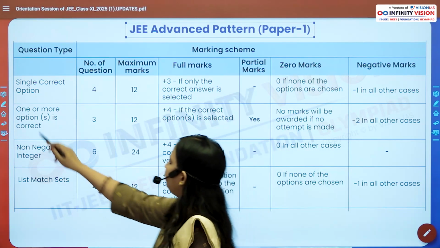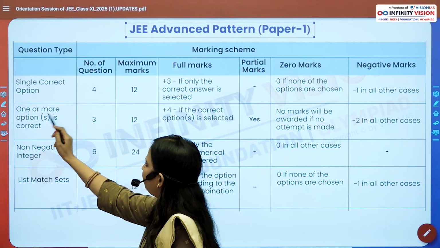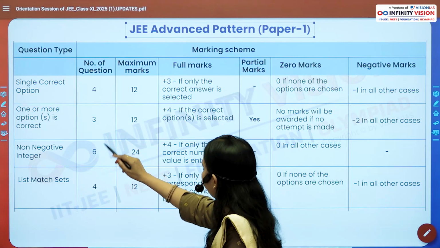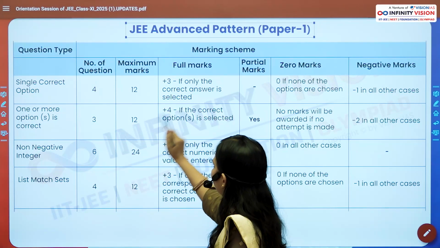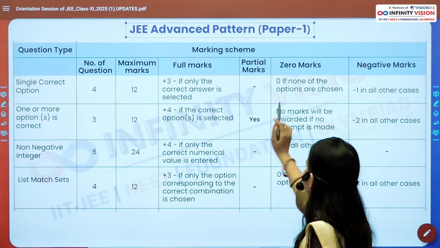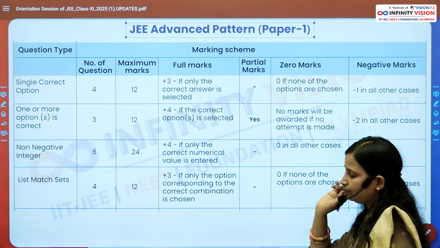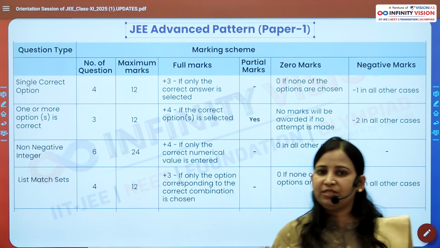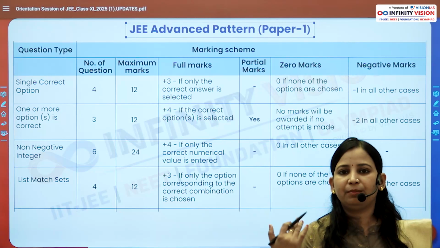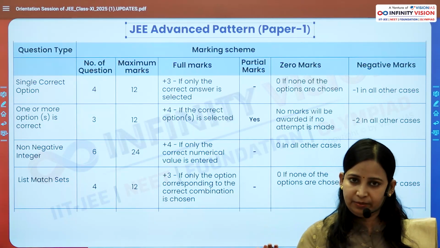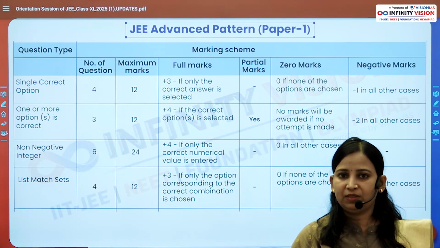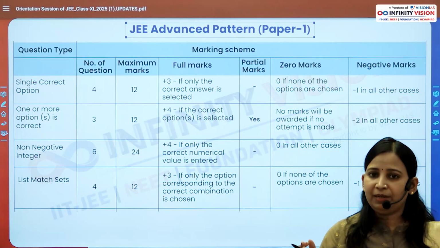Now the next section is where 1 or more options is correct. The total number of questions asked was 3. Each question was of 4 marks, so maximum marks is 3 fours are 12. There is partial marking, yes. If there are 4 options, there is a possibility that more than 1 option is correct. Based upon the number of options you have responded correctly, your marks will be given.